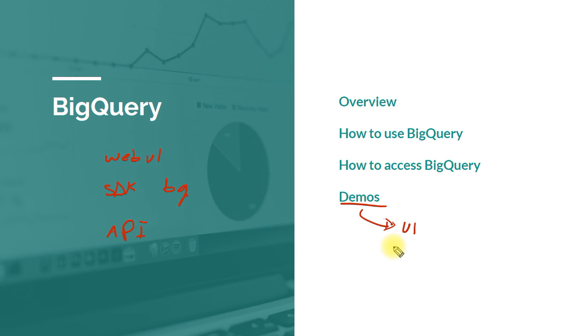Before we go to the demos, I will be working with the available public data because we haven't been able to get our data into BigQuery yet. The actual data is still not there, but there are sample data and public data available for us to work with. So I will do the demos on these, and you can explore on your own as well using the public datasets that are available in BigQuery.